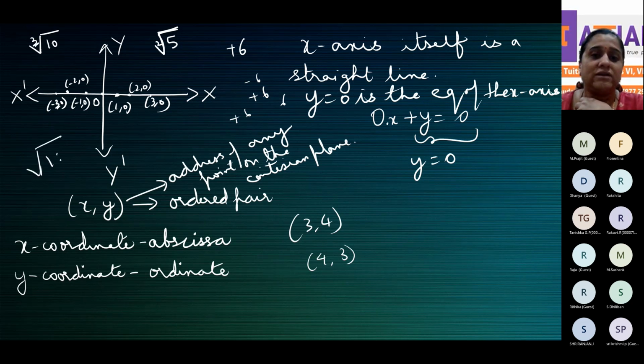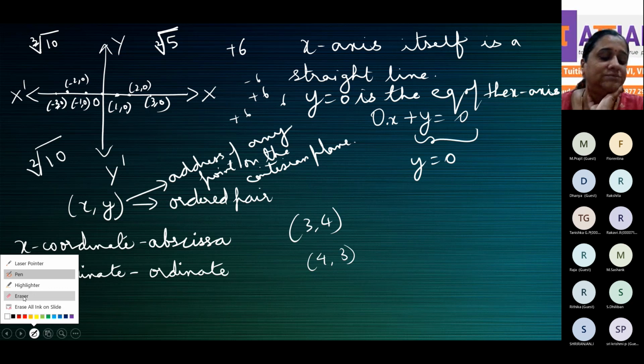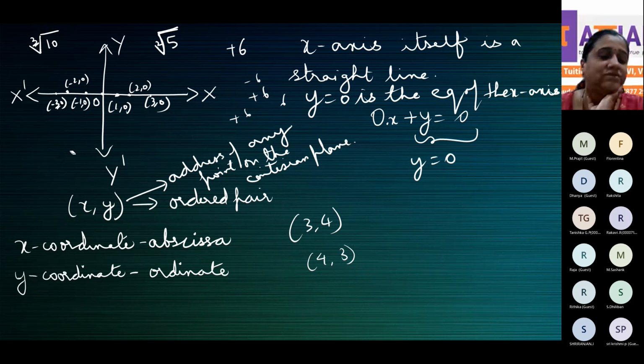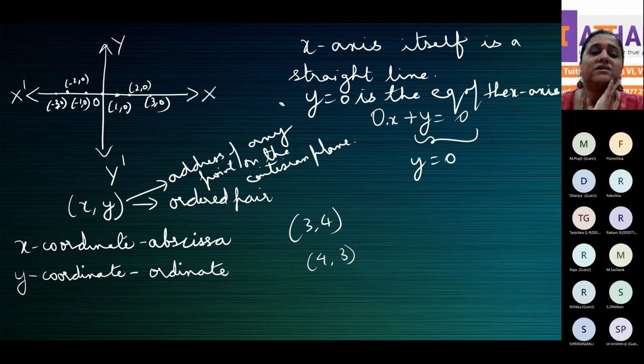But for the square root of 10, you don't write the 2, and it's understood. Like that, now that we're dealing with straight lines, when we say y is equal to 0, it is understood that we are treating it as a linear equation in two variables x and y.